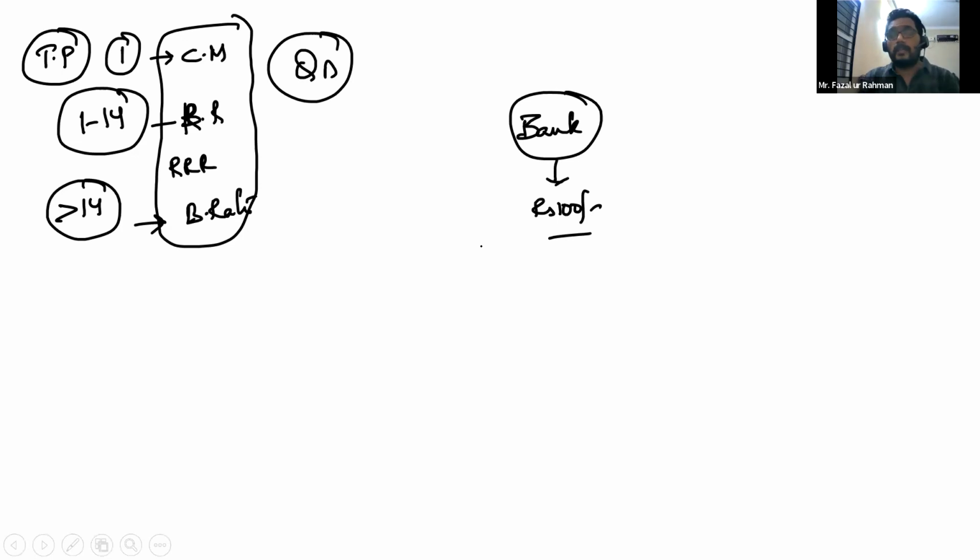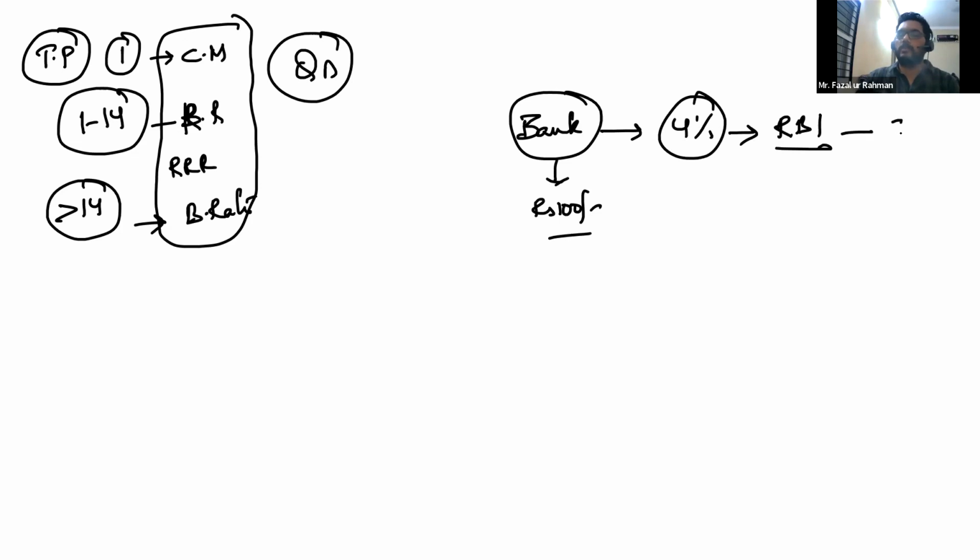All these 100 rupees I cannot give in loans. Why? Because it could be a financial threat to me. So out of this 100 rupees, 4% I will keep as a compulsory norm, a thumb rule, which needs to be maintained with RBI. This concept of maintaining 4% with RBI is called CRR, cash reserve ratio.